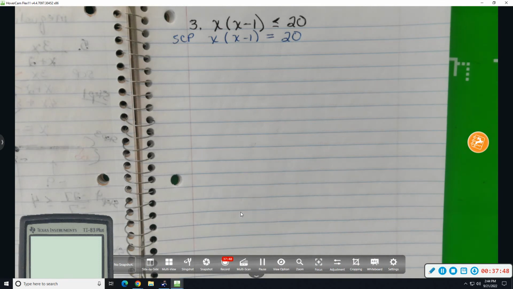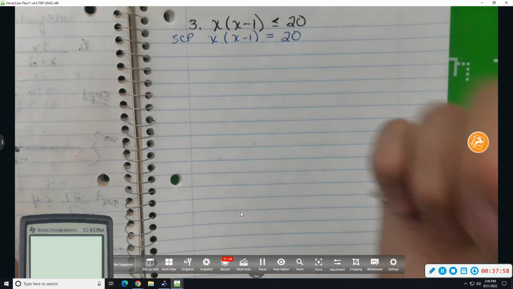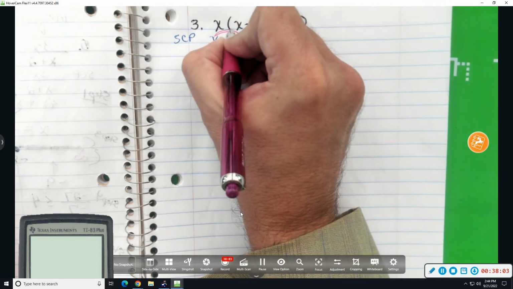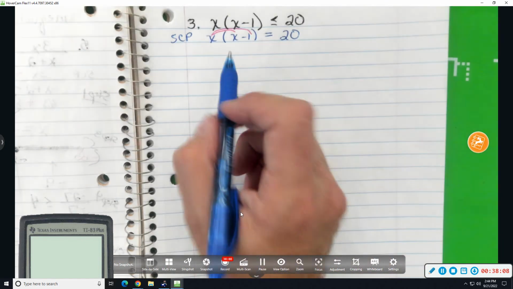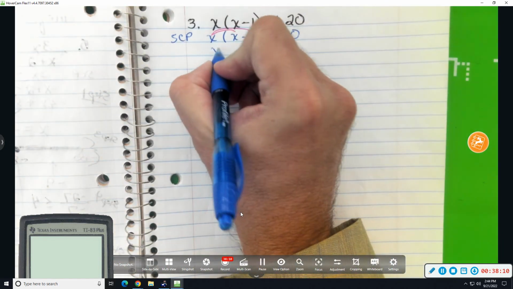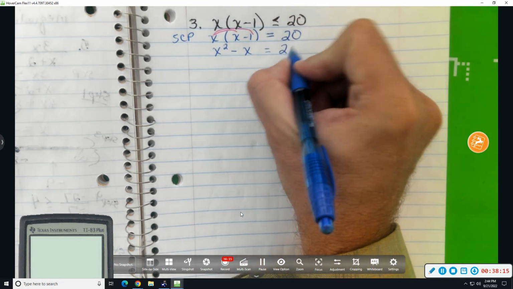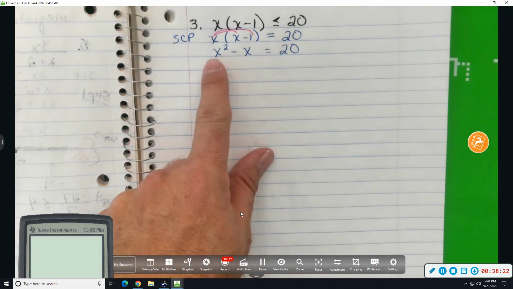And I wanted to do this example just because I don't recall having solved an equation like this in this format this semester, at least as an example. You're given the hint that it's quadratic, that you should have an x squared, and here's how you get that x squared. Distributing the x, you'd have x squared minus x equals 20. So, there's an x squared.